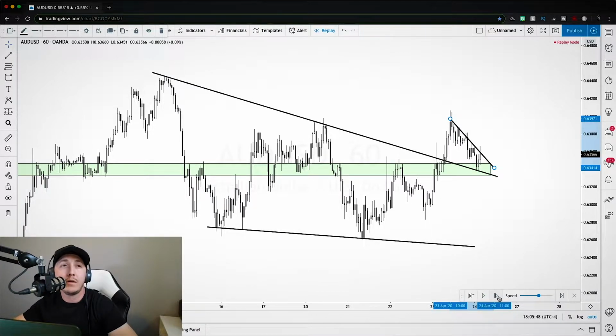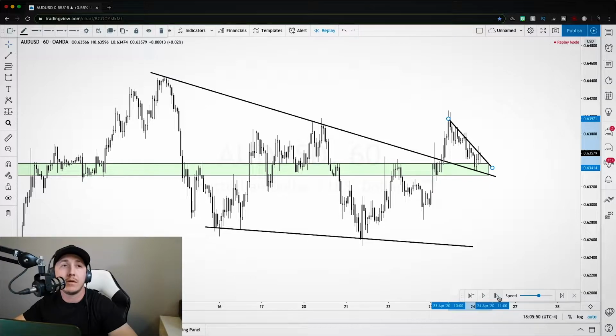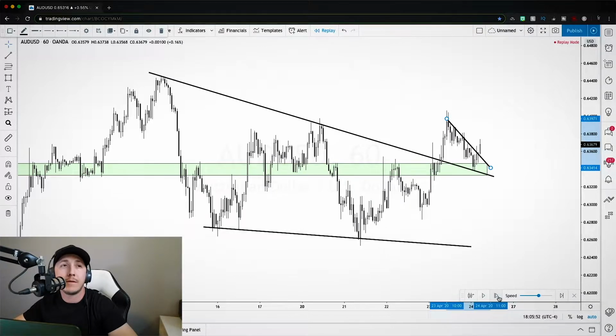Okay, not quite. There we go. Now we got our signal to enter. And you're going to want to wait for this to actually close to give you confirmation, right? Because if I entered as soon as it broke out, and let's say last 5 minutes of this hourly candle gets rejected and closes like this one here, I just got a major false signal.